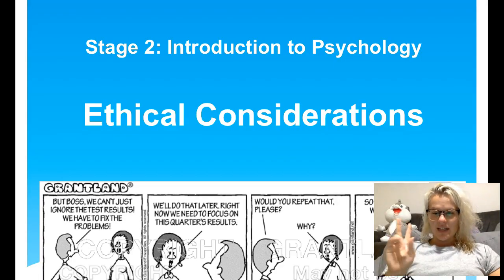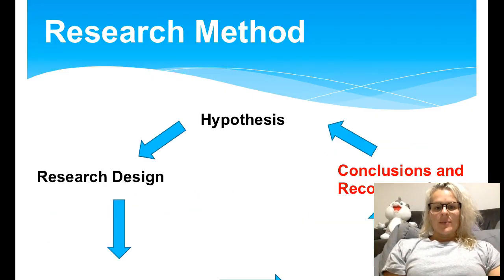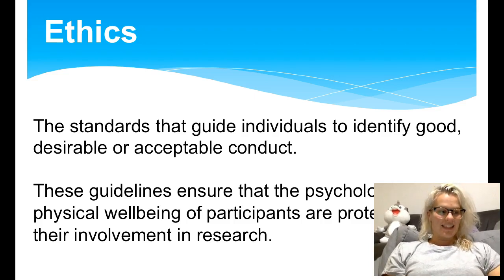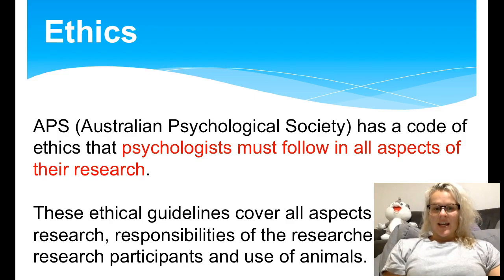The second thing we're going to do in this lesson is the ethical considerations. So ethics is all about the safety of the participants in your study. It's the standards that guide individuals to good, desirable, acceptable conduct, and it makes sure that the psychological and the physical well-being of participants are protected during their involvement in our research.